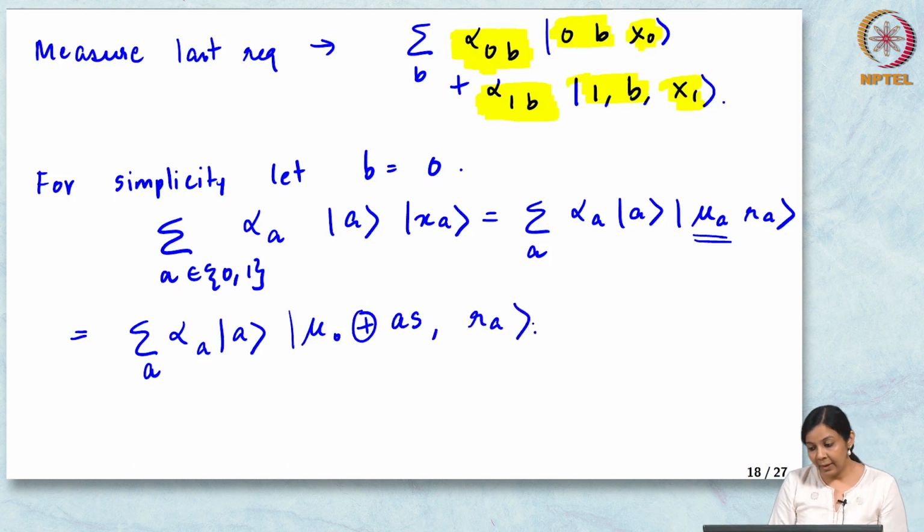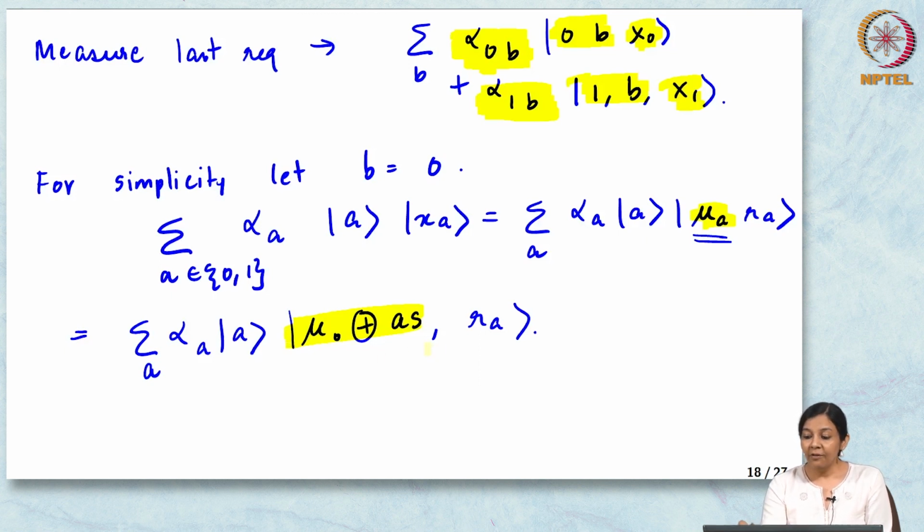I claim this. Can anyone see why? So, I am writing mu a as mu 0 XOR AS. Do you see that this works? So, if A is 0, then mu 0 XOR AS is just mu 0.